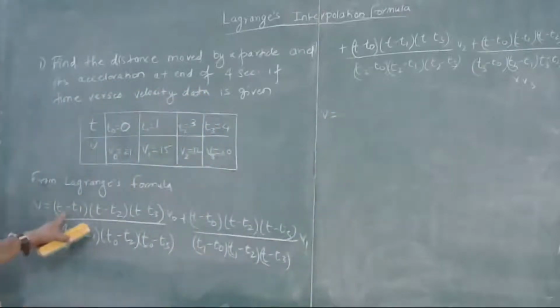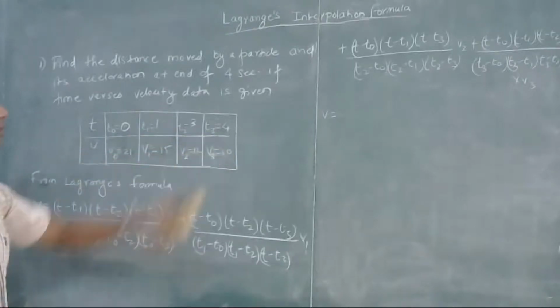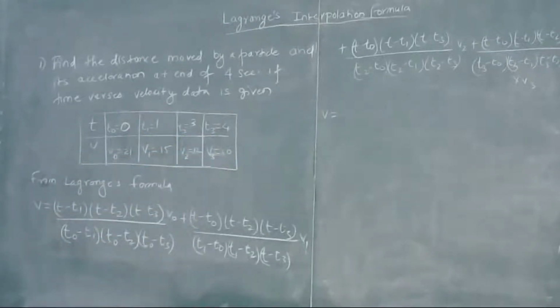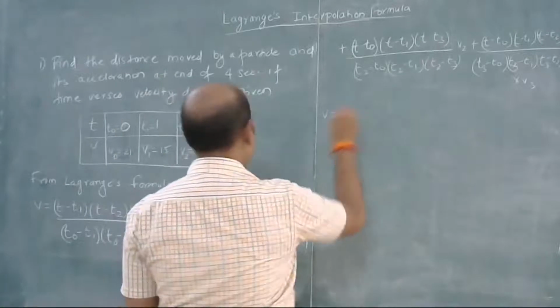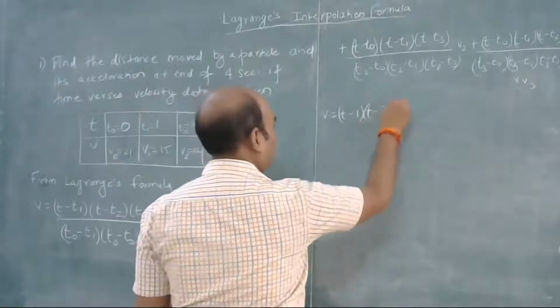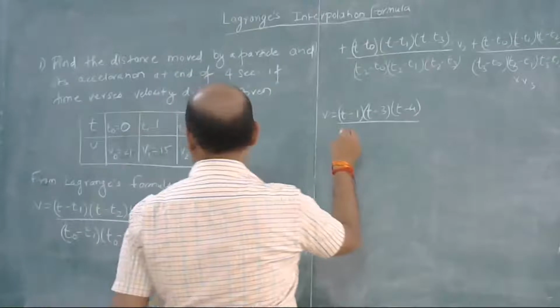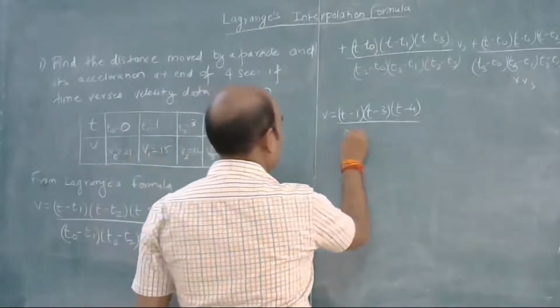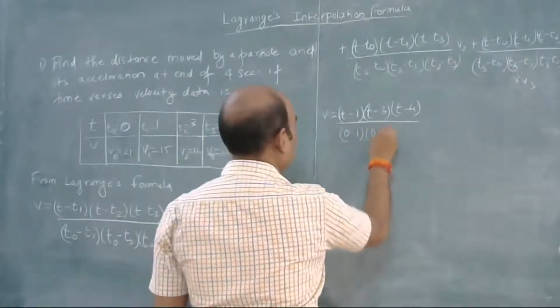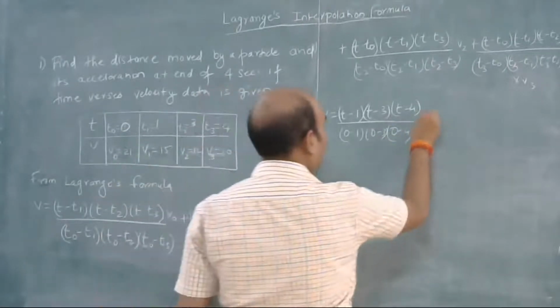So first is (t minus t1)(t minus t2)(t minus t3). Okay. So these are 1, 3, and 4. So this is (t minus 1)(t minus 3)(t minus 4), whole divided by (0 minus 1)(0 minus 3)(0 minus 4), multiplied by 21. Okay.